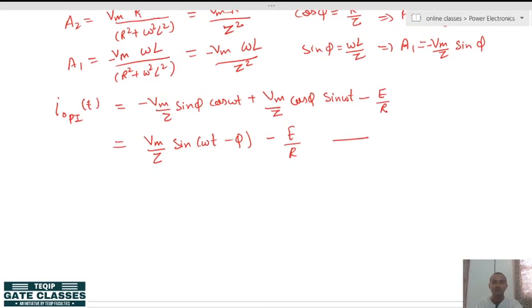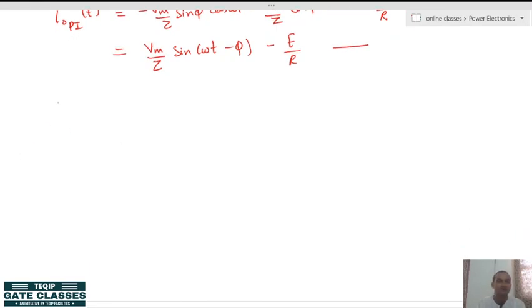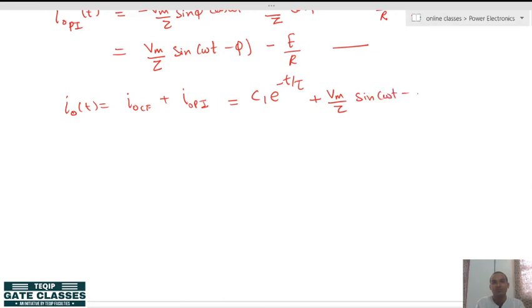So the total response or the total net current of our circuit flowing is i naught t equal to i naught CF plus i naught PI. So here we have got CF as C1 e to the power minus t by tau, which we have derived earlier, plus Vm upon z sin omega t minus phi minus E by R.